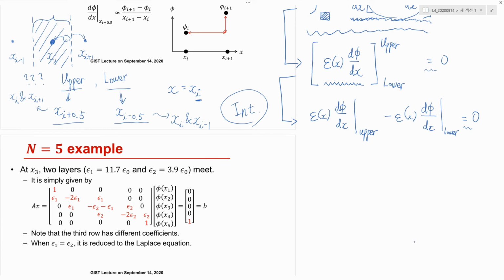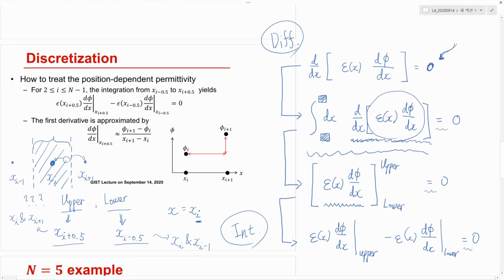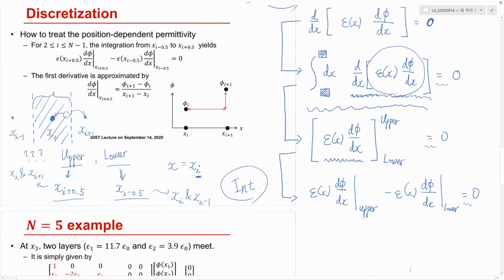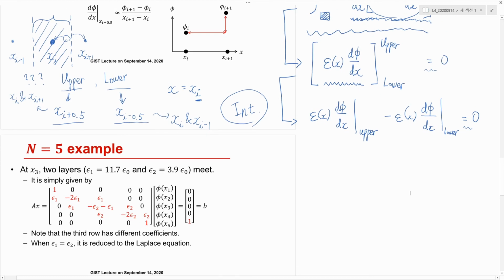Instead of directly discretizing this second order differential equation, we just take the integrated form, and after that, by discretizing these two terms obtained at the upper bound and lower bound, we can simply evaluate this term without any ambiguity.